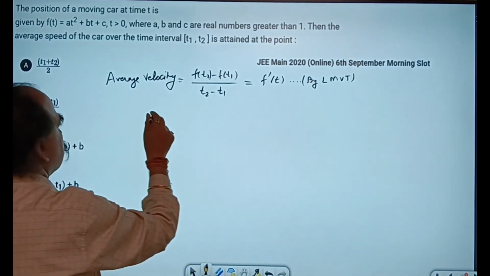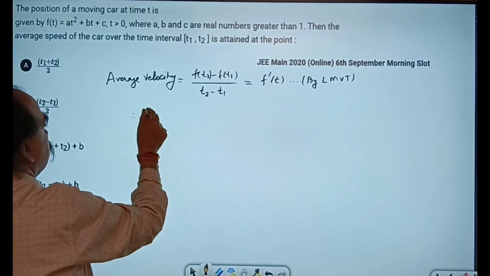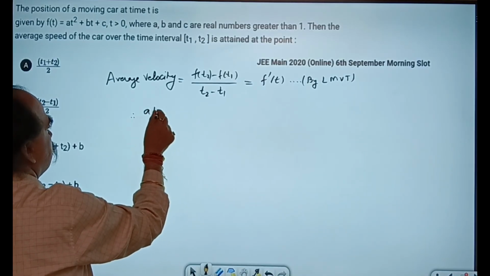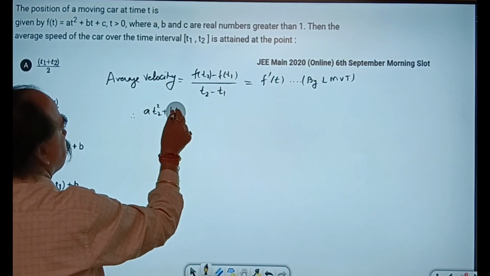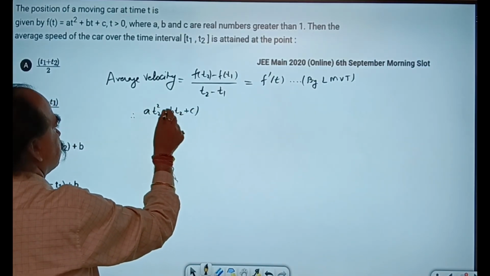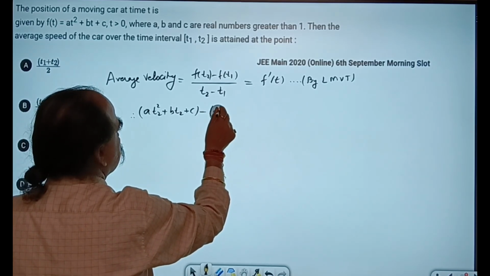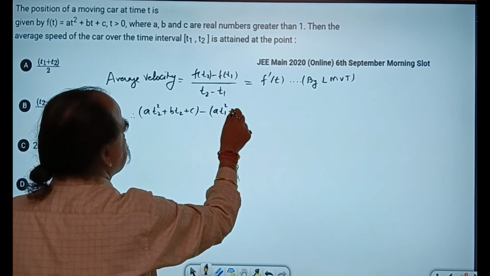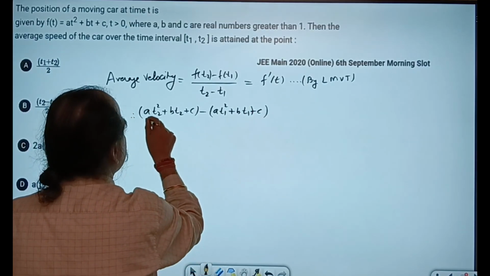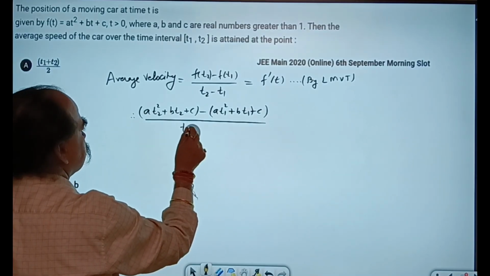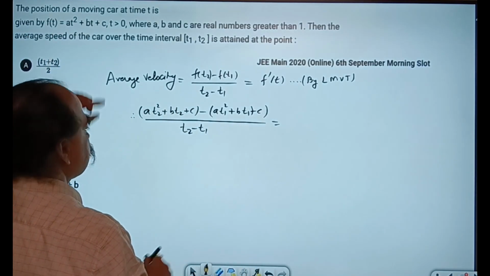So f(t2) is a t2 square plus b t2 plus c, minus a t1 square plus b t1 plus c, divided by t2 minus t1, which is f dash t equal to 2at plus b.